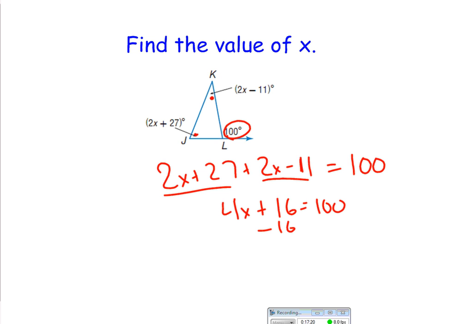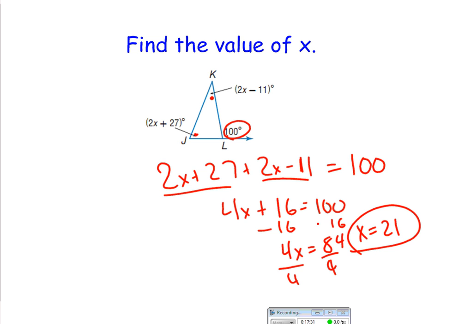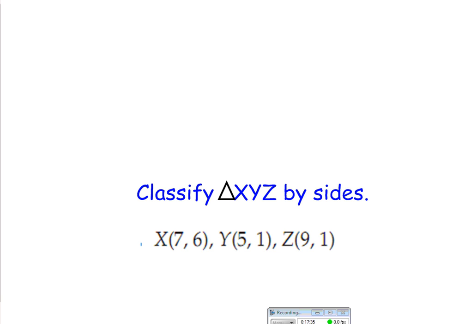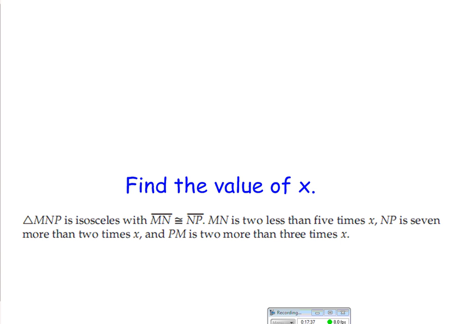So, little algebra, which you guys should be getting excellent at, by the way. Should get you 21. All right. I'll have you guys do that one in class.